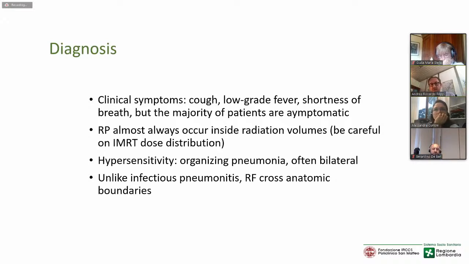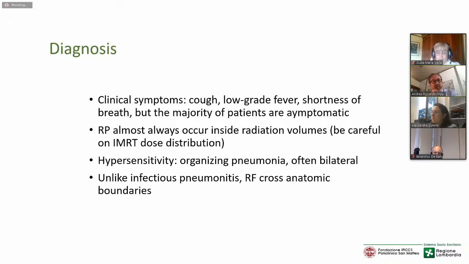It is important to recognize this, because most of the time a pneumologist or a medical oncologist or other clinicians who do not know what has been treated in the radiation portals and simply look at what is described by the radiologist may confuse a radiation pneumonitis with a bacterial or another kind of infection. So it is important to talk together about it.